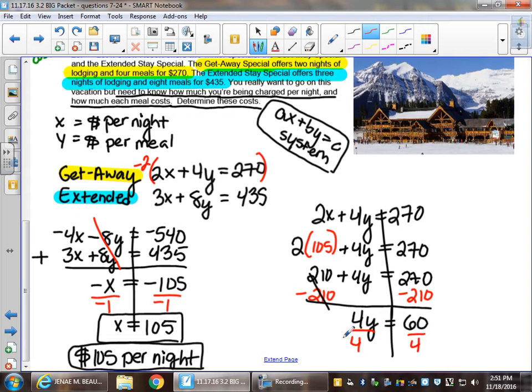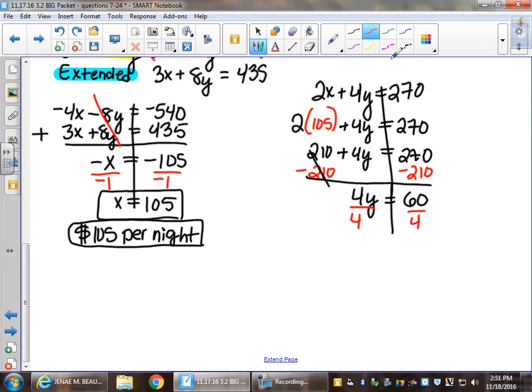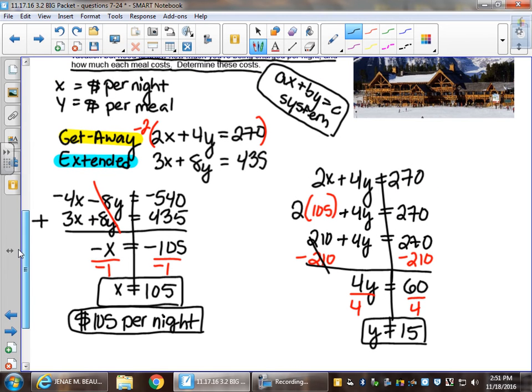Last step, divide by 4. 60 divided by 4 is 15. And to know what 15 means, I go up and I look at my variables. Y is the cost per meal. So this represents $15 per meal.